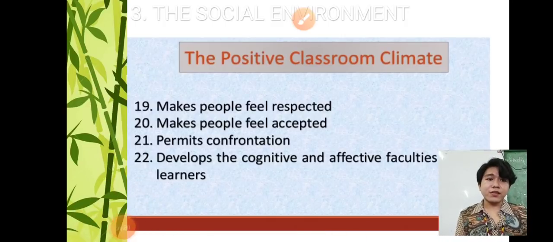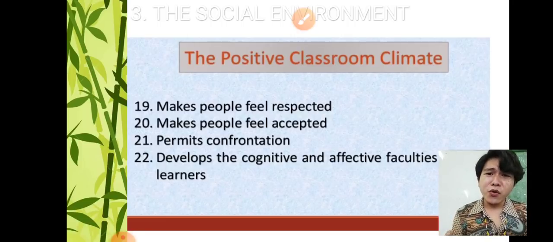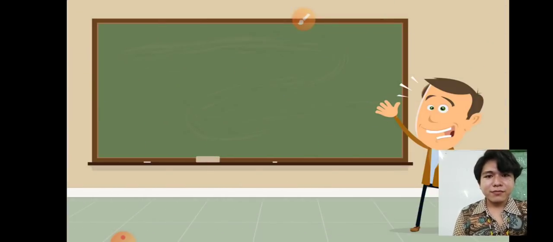So those are the things that we need to remember when it comes to having this positive classroom climate. So I really do hope that you will familiarize all those things because it is very much important, particularly if you will teach soon. Kung ma-assign na mo.